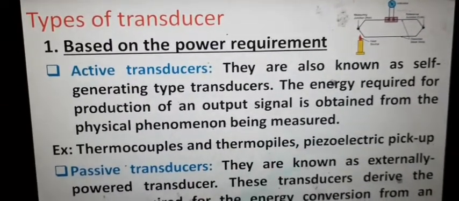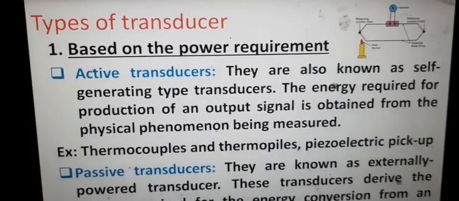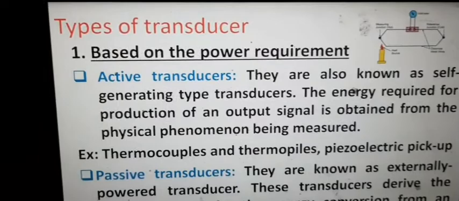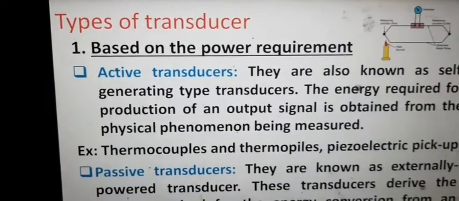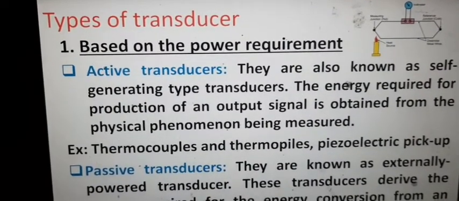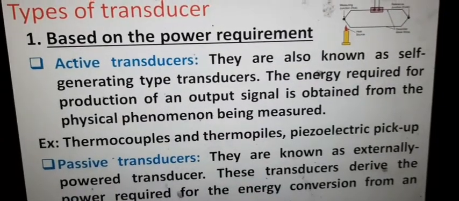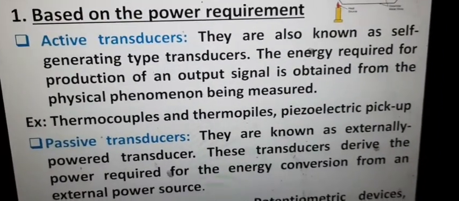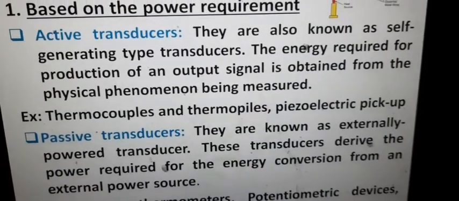So the process by which it converts one form of energy into another form of energy, we call it transduction. During that transduction, based on the power requirement, we have categorized the transducer into active transducer and passive transducer.